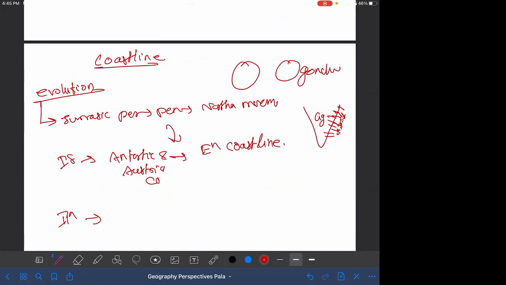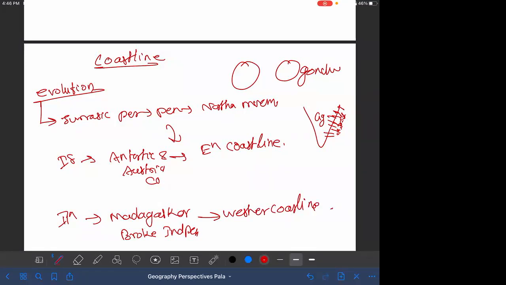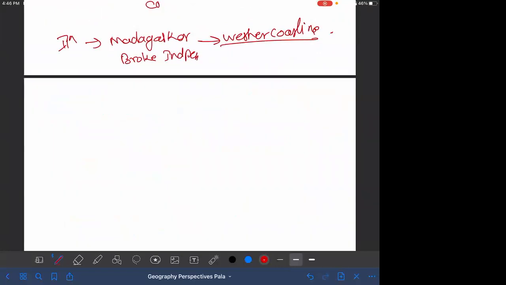That was when Madagascar broke away from the Indian Peninsula. Madagascar would have been up against the southern part, like Karnataka, Kerala. And when the peninsula was moving northward, at that point of time, Madagascar also split away. That led to the development of the western coastline. This is the formation of the western coastline.